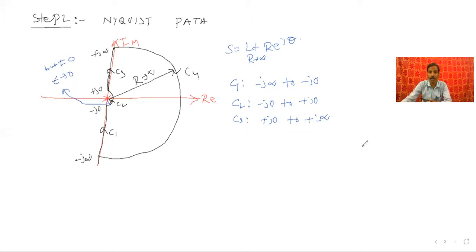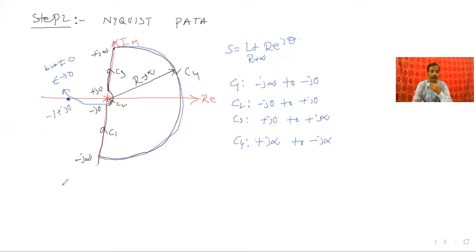Similarly, for C4, from plus j infinity to minus j infinity, this path. This is the Nyquist path, plus j infinity to minus j infinity, and this is closed path, and minus 1 plus j0 is the critical point.